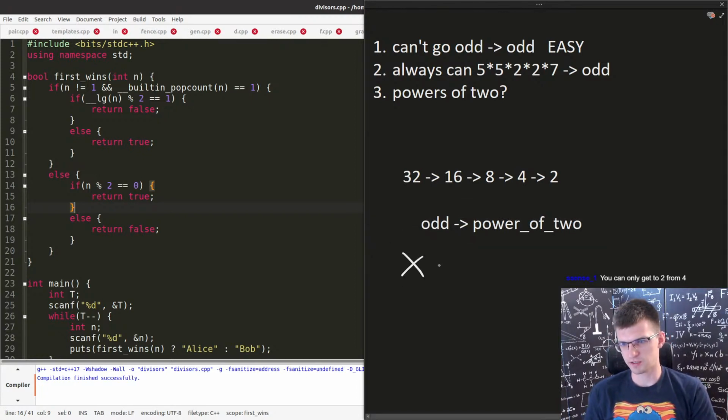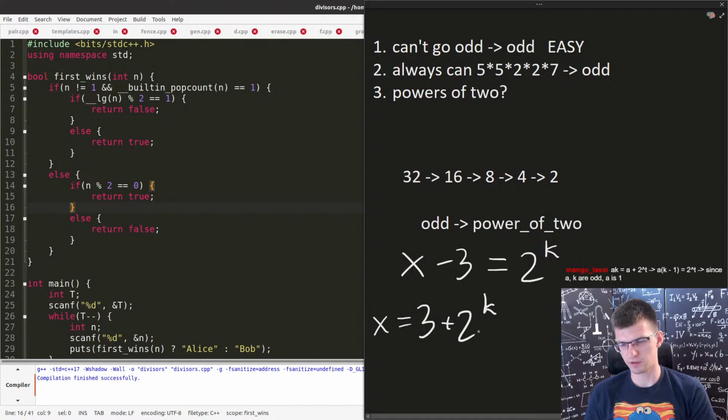Can we have that x minus 3 is 2 to some power, and x is divisible by 3? But from this you will get that x is 3 plus 2 to the k power. This is not divisible by 3, so x cannot be divisible by 3. And you can replace this with any unknown odd number.